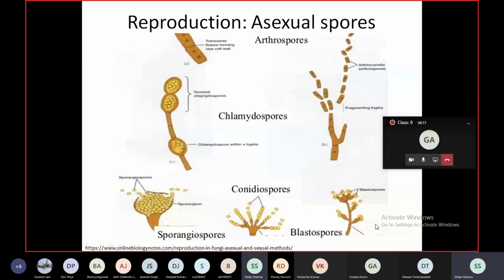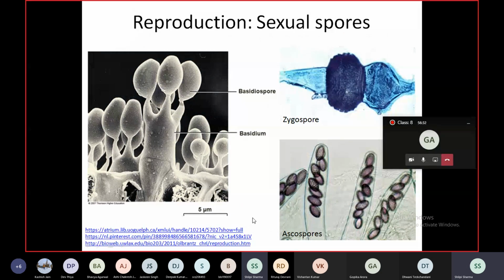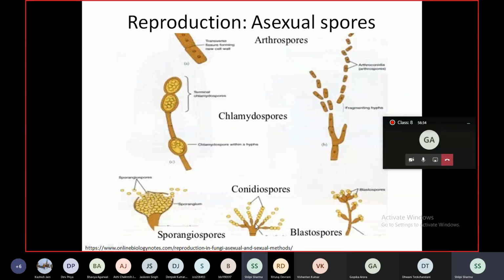The blastospores are formed by budding. If you see, these are the parent cells or the parent hyphae, and there are buds formed. While conidiospores, these are exogenous spores produced on the tip of hyphae on special structures called as the conidiophores.